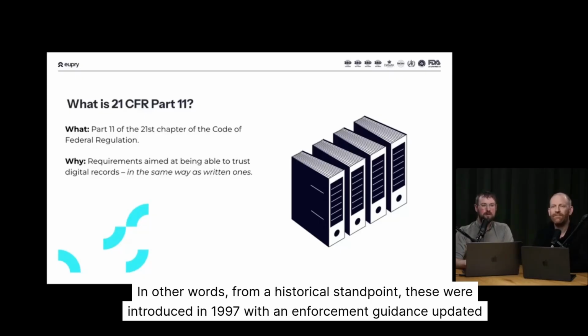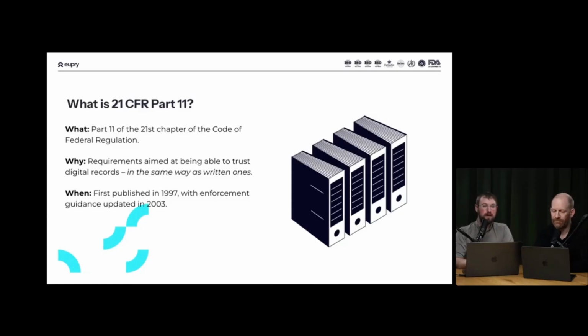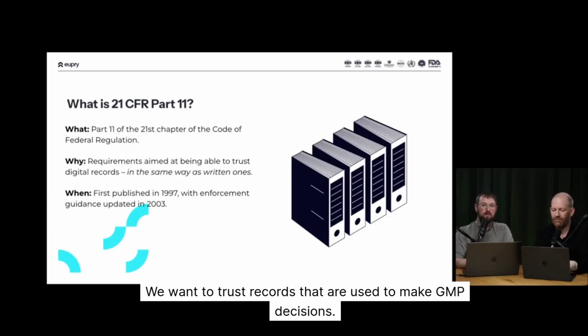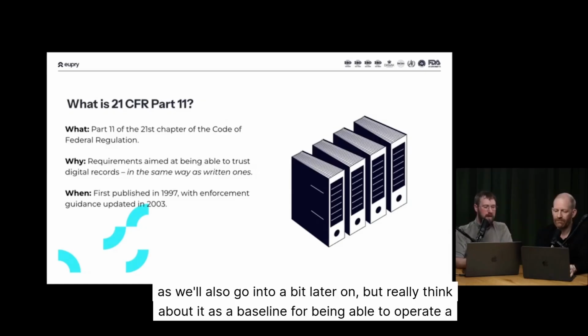From a historical standpoint, these were introduced in 1997 with an enforcement guidance updated in 2003. The basics of it is that we want to be able to trust digital records, records that are used to make GMP decisions, as we'll also go into a bit later on.